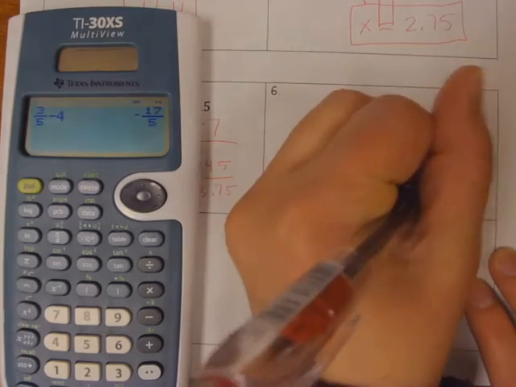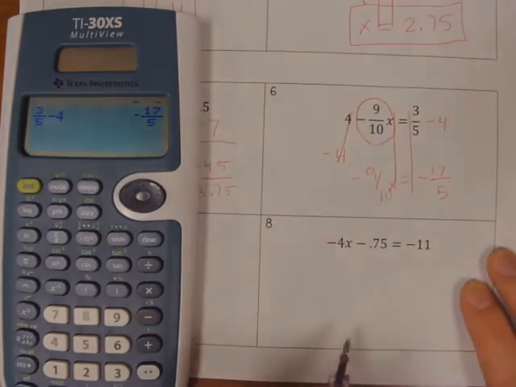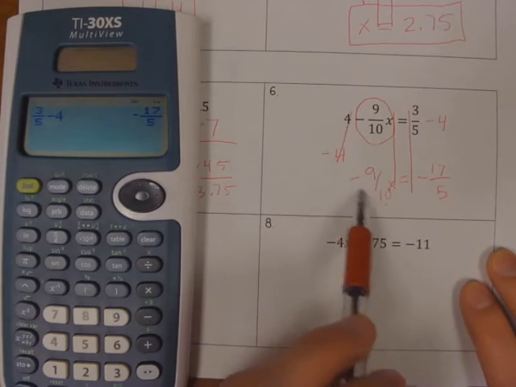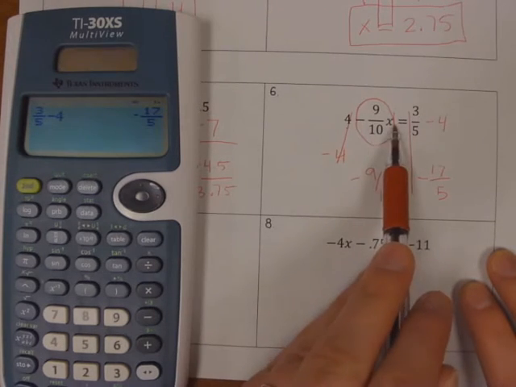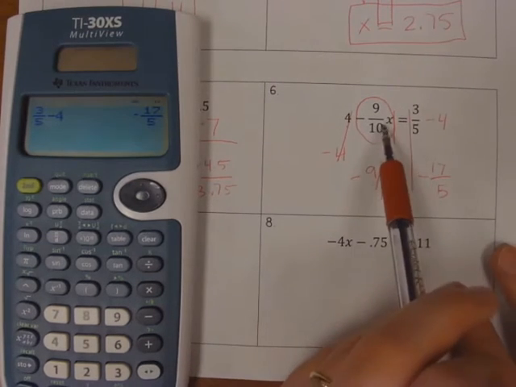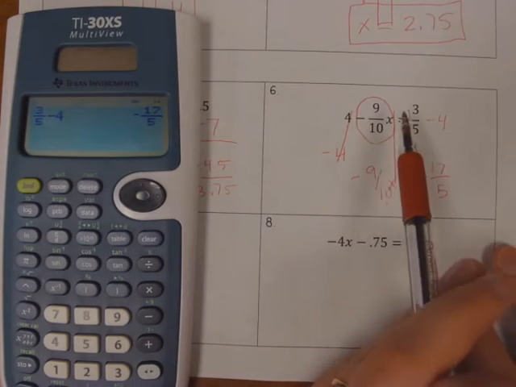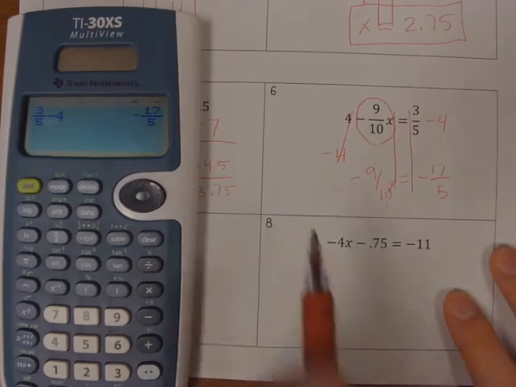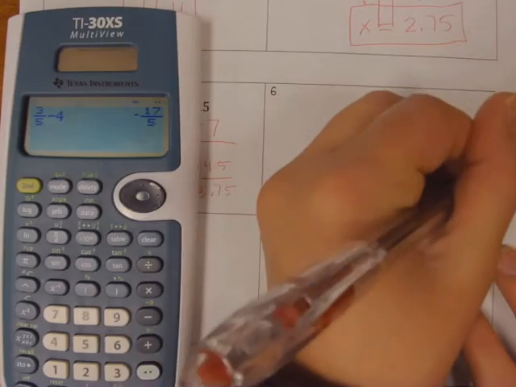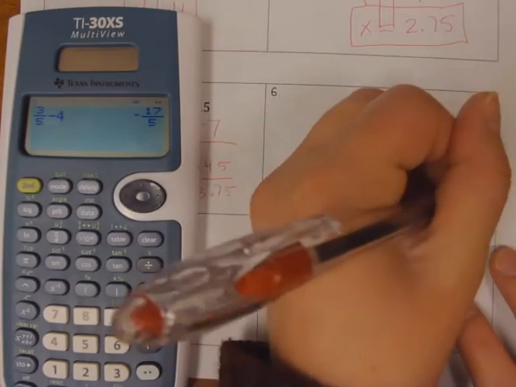Negative 17/5. Now, a fraction is a division problem, but you're not looking at the fraction, you're looking at the variable connected to the fraction. The variable, because it's on the side of it, is being multiplied. So the opposite is to divide. So I'm going to divide by negative 9/10.